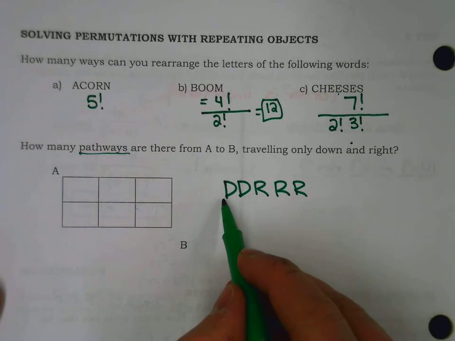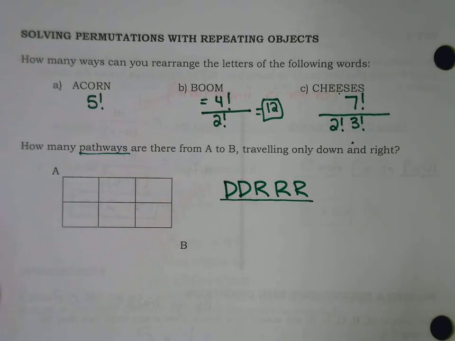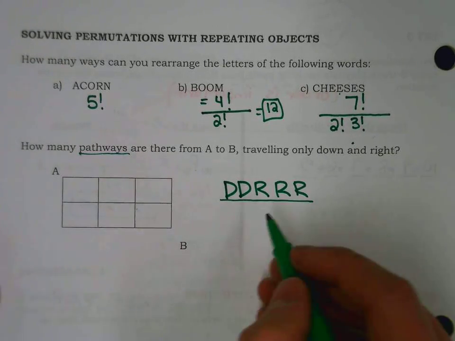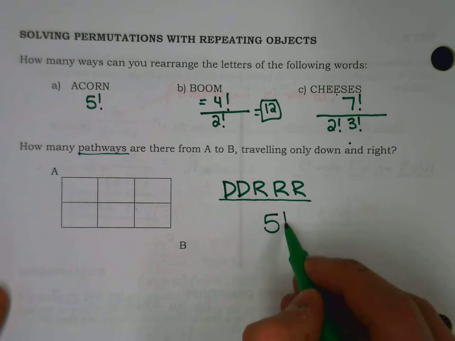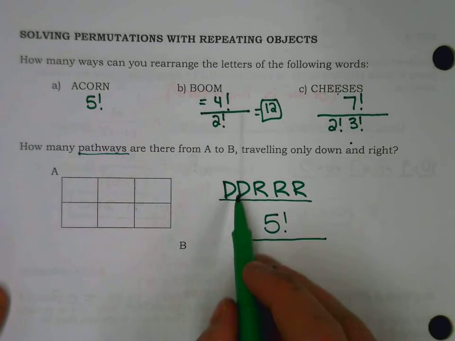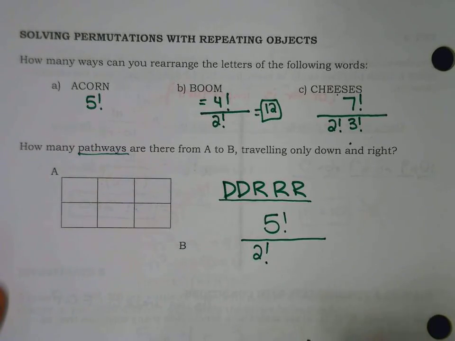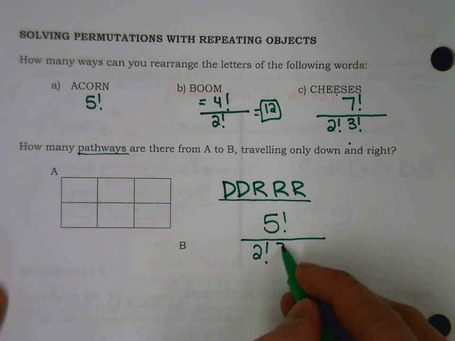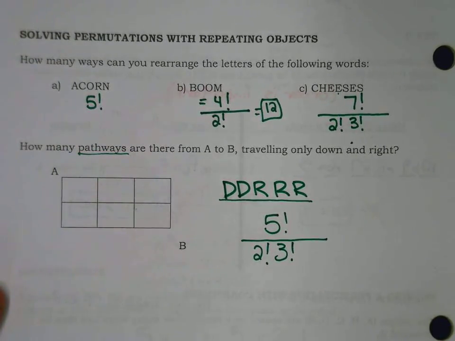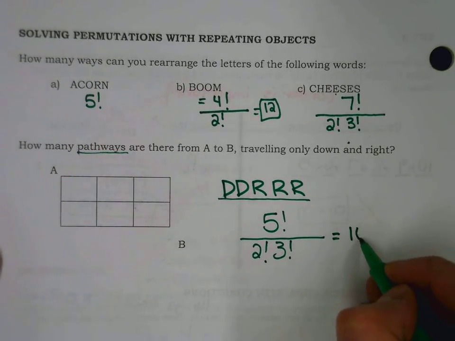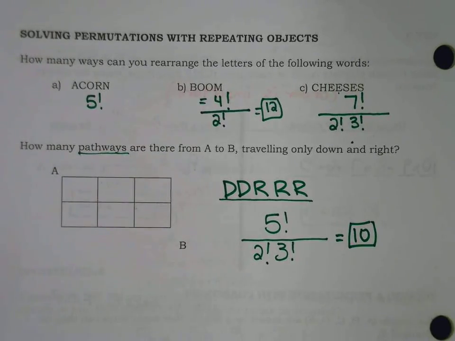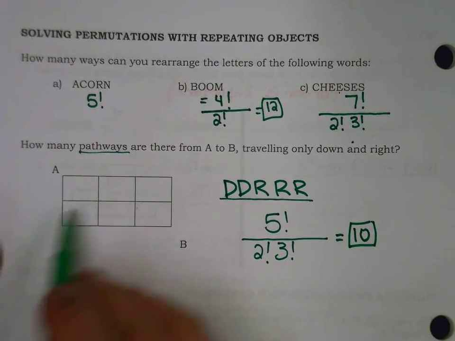So if I pretend that this is a word and these are the Scrabble tiles you have, I'm simply saying you've got 5 factorial letters, the 2 D's repeat, and the 3 R's repeat, and this should give us the total number of ways to get from A to B without backtracking.